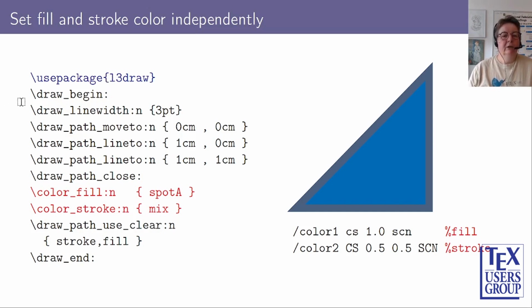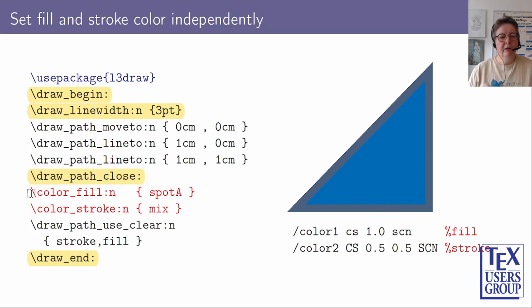We have here a simple picture which starts with draw begin and ends with draw end. We set the line width to something that one can see in the presentation. Then I move a path and I close this path. And then I set the two colors.